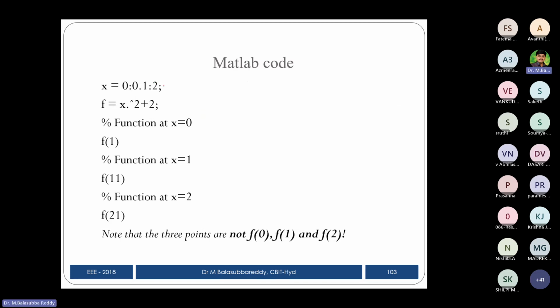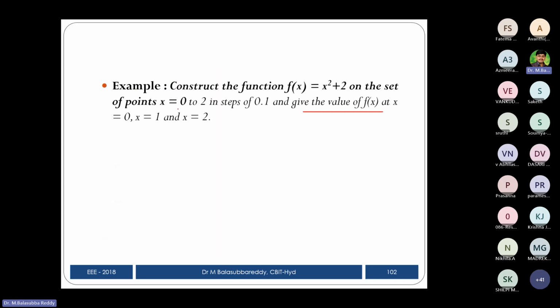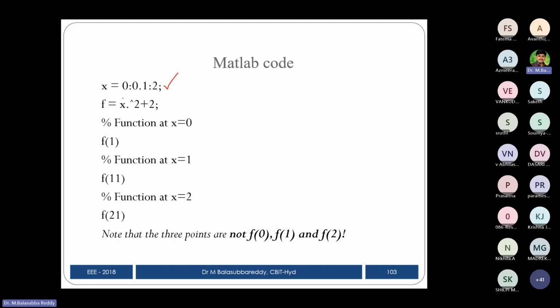As per our previous understanding, x is mentioned 0 to 2 in steps of 0.1. That's why you can directly use the colon operation, 0 colon 0.1 colon 2, because the increment is 0.1 up to 2. That is the first thing.